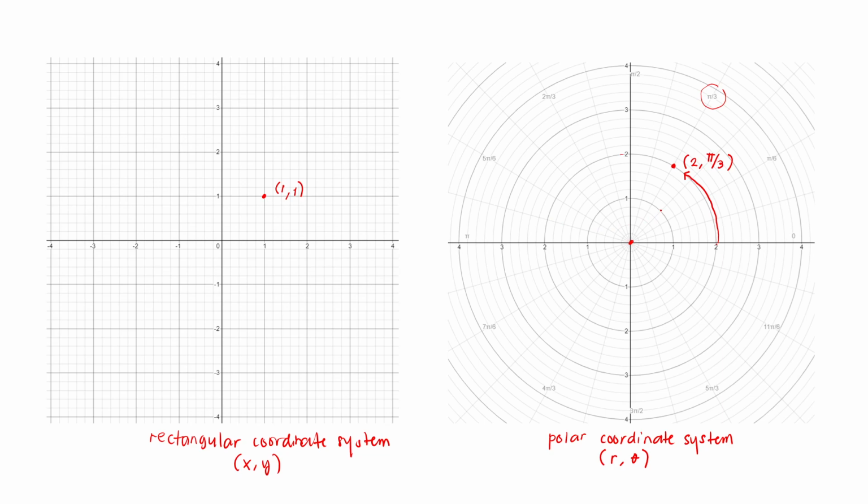If this is the point here, the radial distance is not 1, because it is the square root of 2.